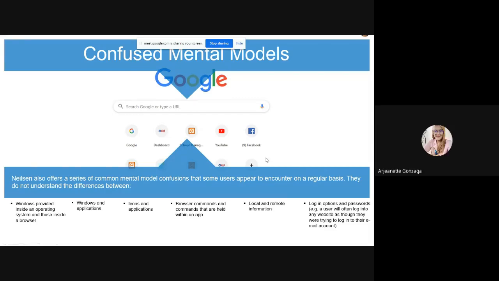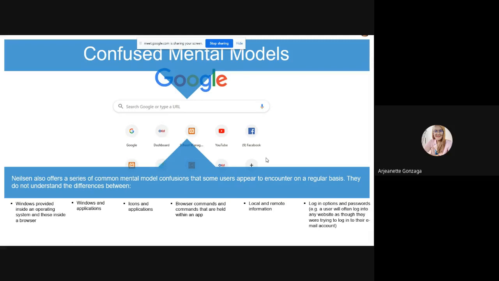Okay, so next we have the confused mental models. Jacob Nielsen, founding member of the Nielsen Norman Group, offered excellent insight into potential confusion in mental modeling. This takes place when users fail to recognize the key differences between similar but not identical parts of the system.